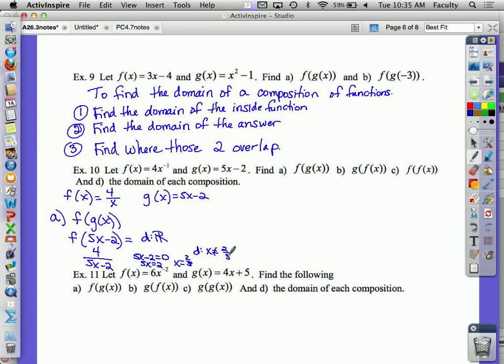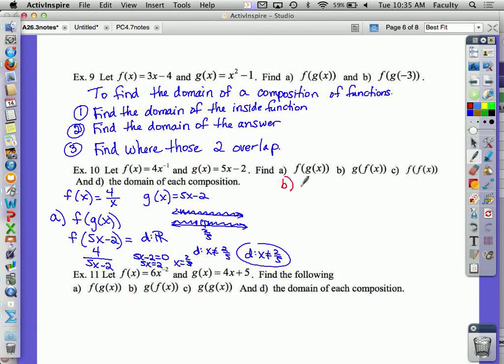Now step 3 says, find where those two overlap. Well, here's a number line with all real numbers. And then here's a number line with every number except 2/5. So where are they both shaded? Everywhere except the 2/5. So the domain for my answer is everywhere except 2/5. Okay? So we'll do plenty of these to figure it out.